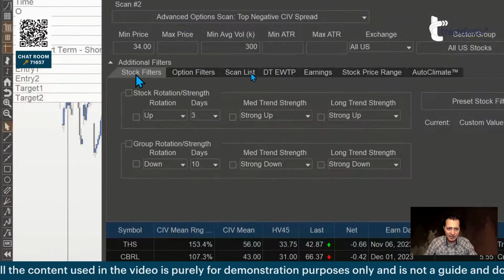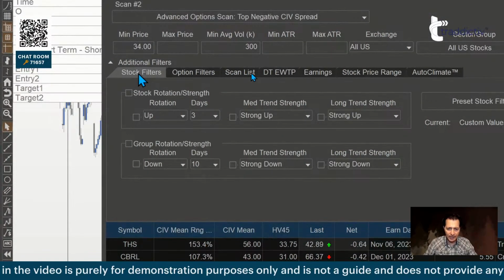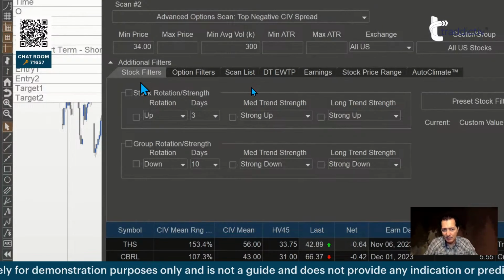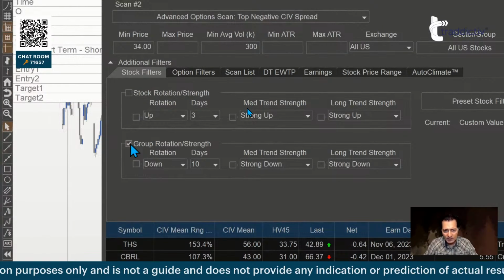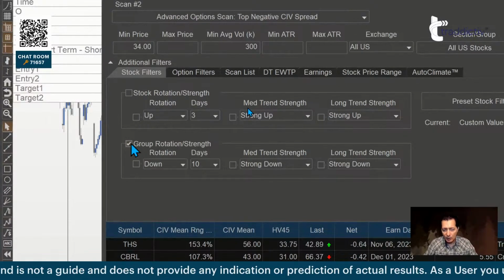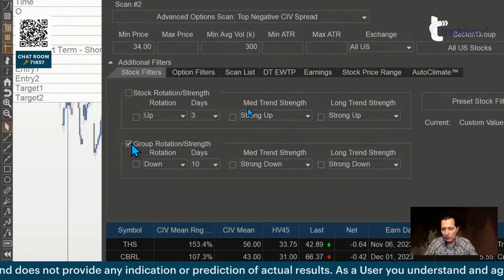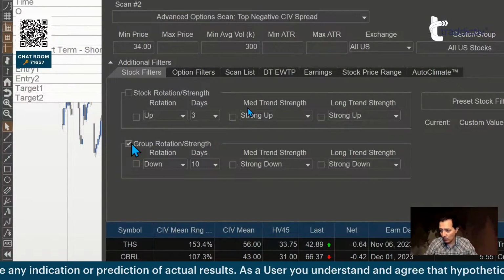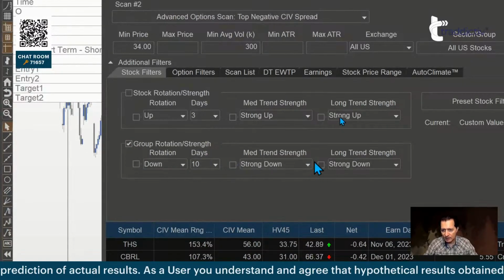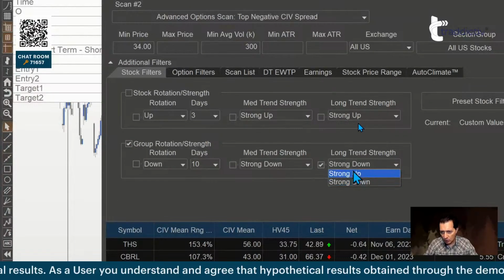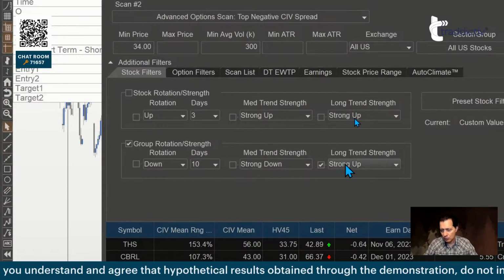So you can be looking at stock filters, and I'm going to say that at the speed of light, but if you have been in my sessions, I always care about the group. So when you are trading to the long side or you want to be bullish, certainly you want the group to also be bullish.